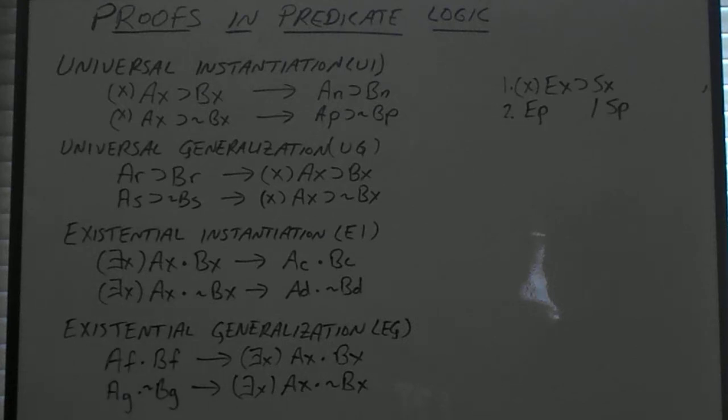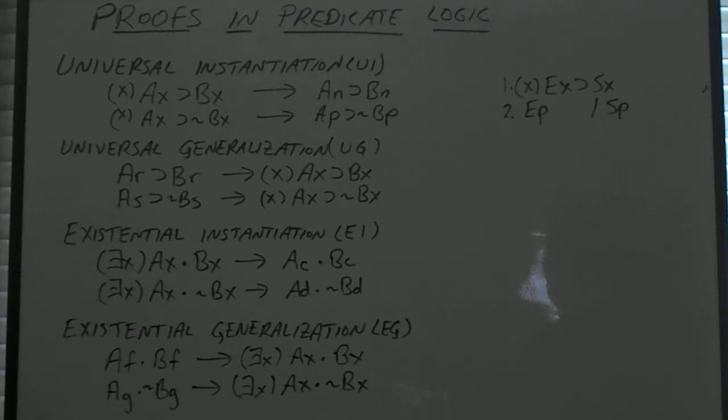If I wanted to make an existential generalization, we'll add the existential quantifier and then replace the g with the x. So you'd have, for this particular x is an A, but x is not a B.